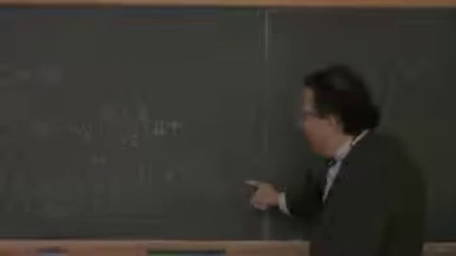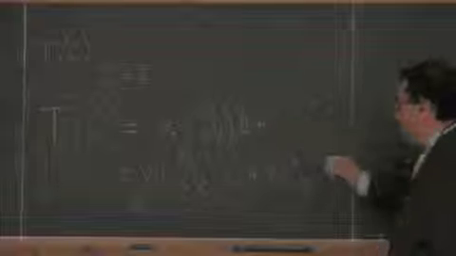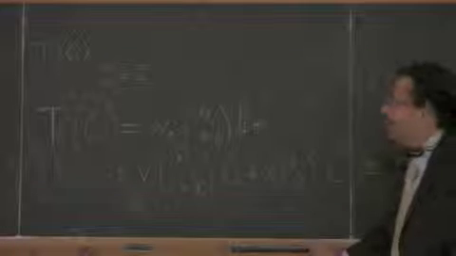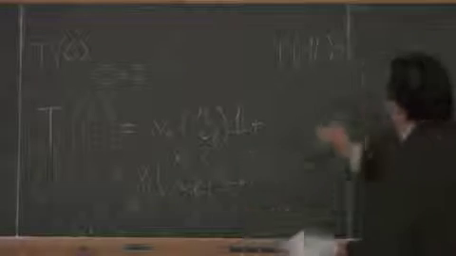Of course, when C is the identity, this equation tells you that in general T of identity is equal to something times the identity. Okay?